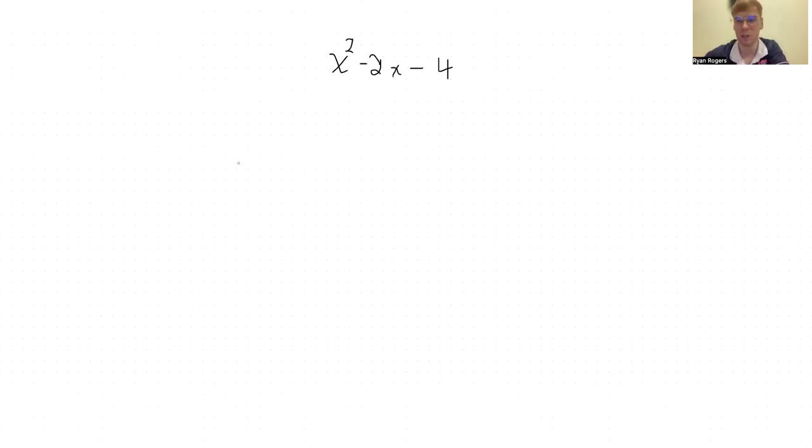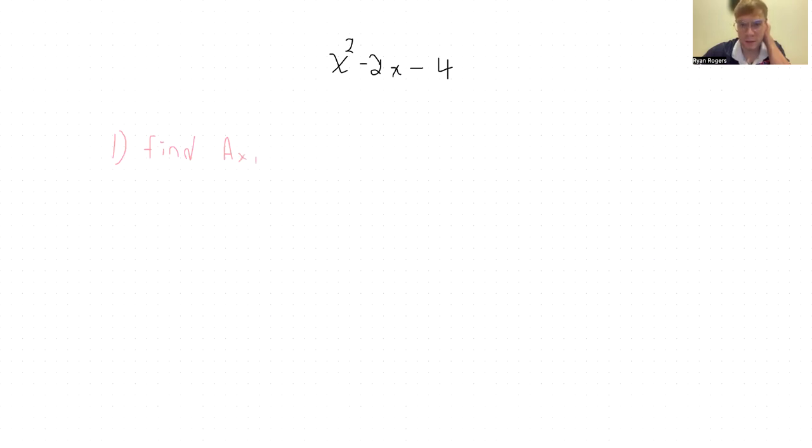Here's what we're going to do. There are 3 steps. Step one is to find the axis of symmetry. Now, this is a fancy word, and I'll tell you what it means.